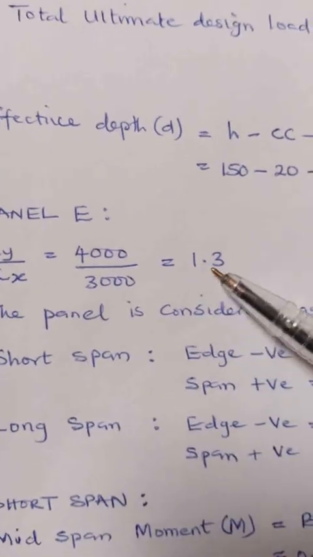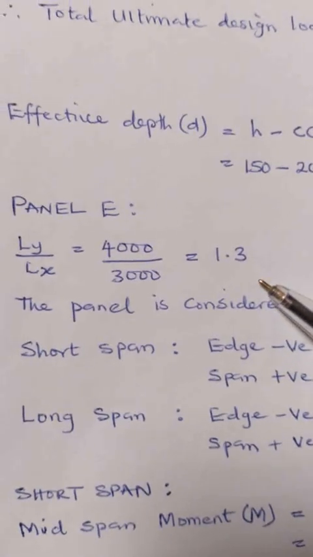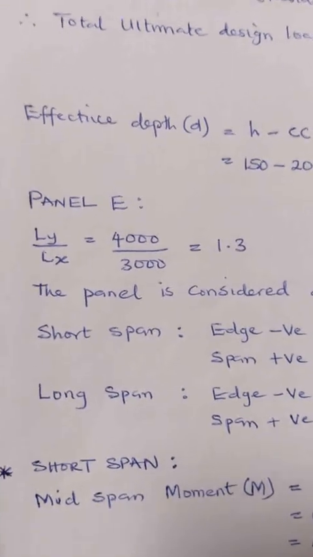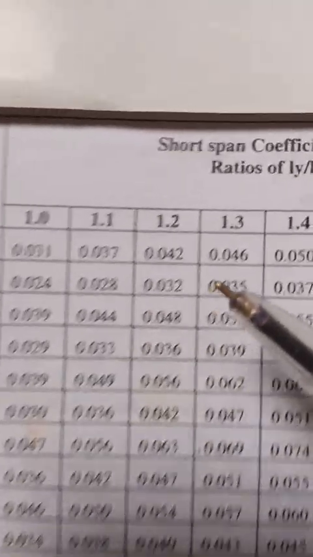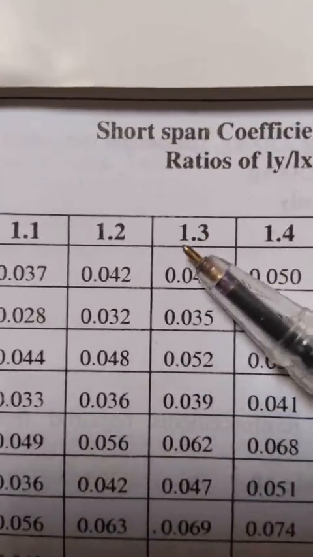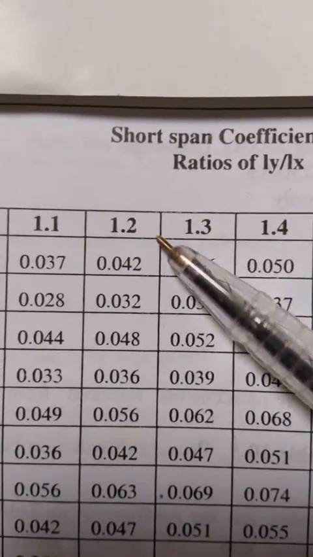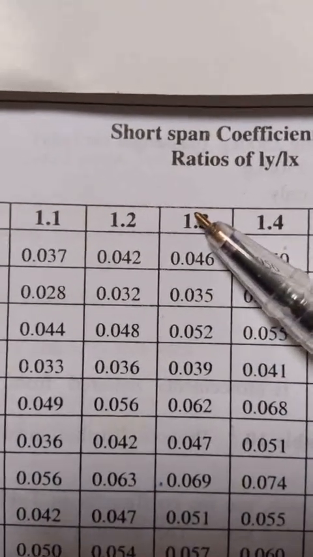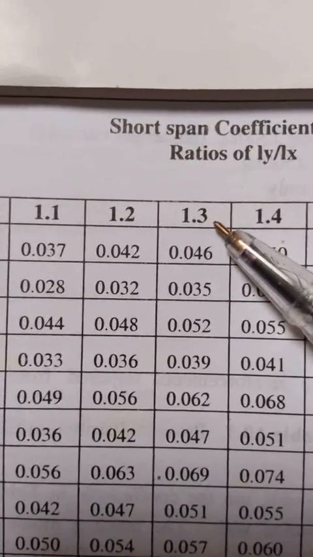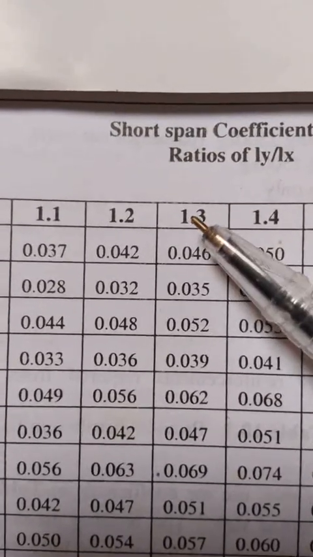That will give us 1.3. Now when you come to the table, this is 1.3. We have established this already by the LY-LX ratio.